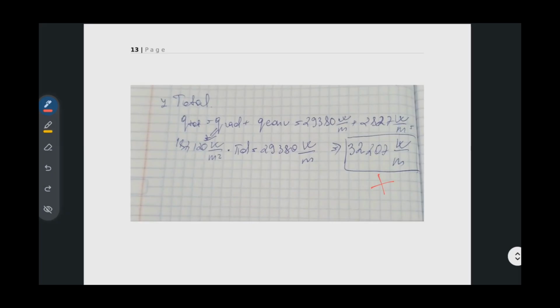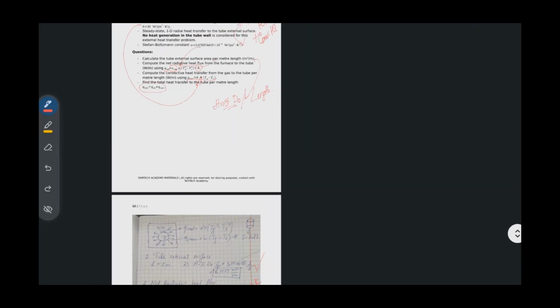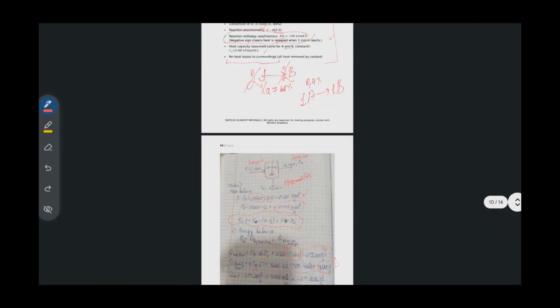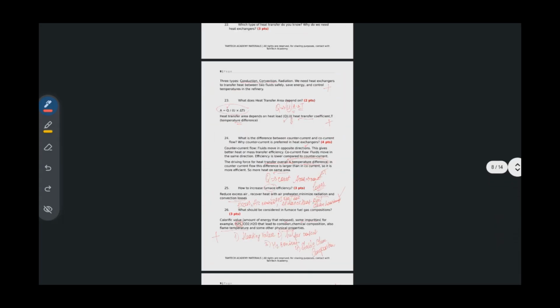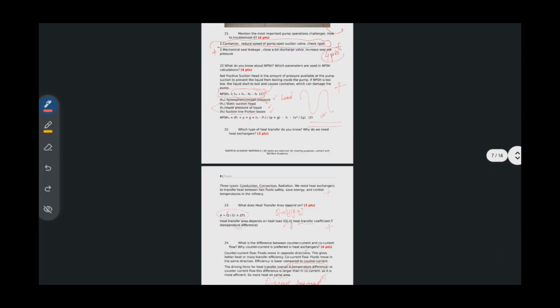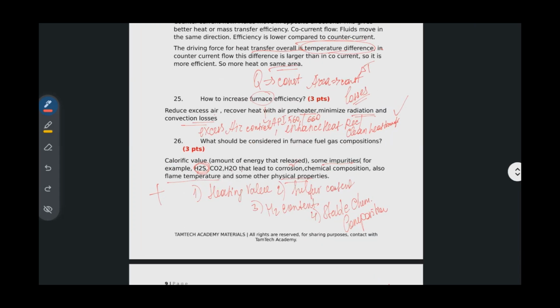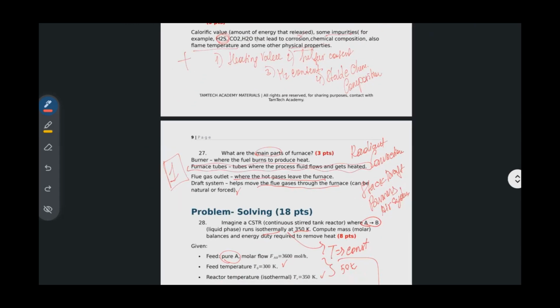So the next topic was heat exchangers and furnaces. And for the heat exchangers, we said that there were 3 types of heat transfer. And then we discussed the main purpose for the heat exchangers and why countercurrent flow is better than the co-current flow. Then we discussed some furnace efficiency and furnace issues, which was the coking and sooting problem, but we mainly discussed only the coking for this type of lectures.